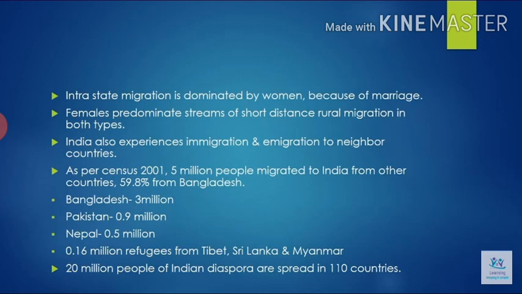Next, name the countries from where people have migrated to India. And now next, explain the main causes of rural to rural migration and rural to urban migration. Now note down next. Name the emigrant and immigrant states of India.